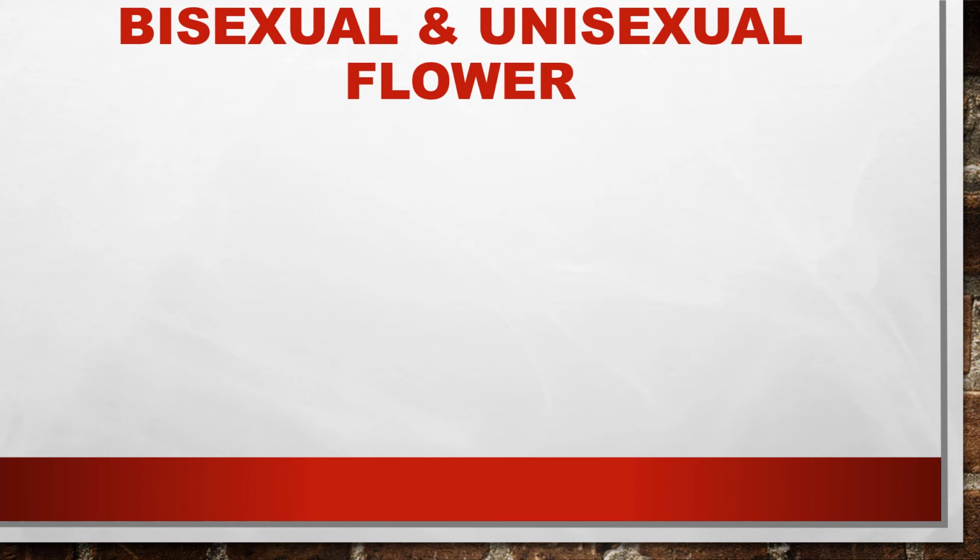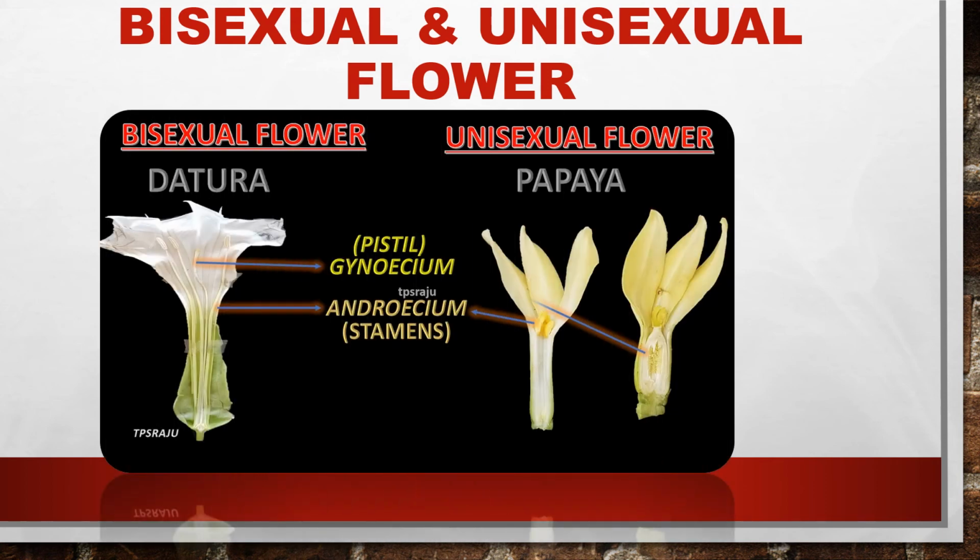Next is the classification of the flower based on the presence of its sexes, that is mainly bisexual flowers and unisexual flowers, based on the presence of the reproductive organs. In bisexual flower, both the reproductive organs are present, that is gynoecium and androecium. Gynoecium is otherwise known as pistil. Androecium, which is the male reproductive organ, is otherwise known as stamens.